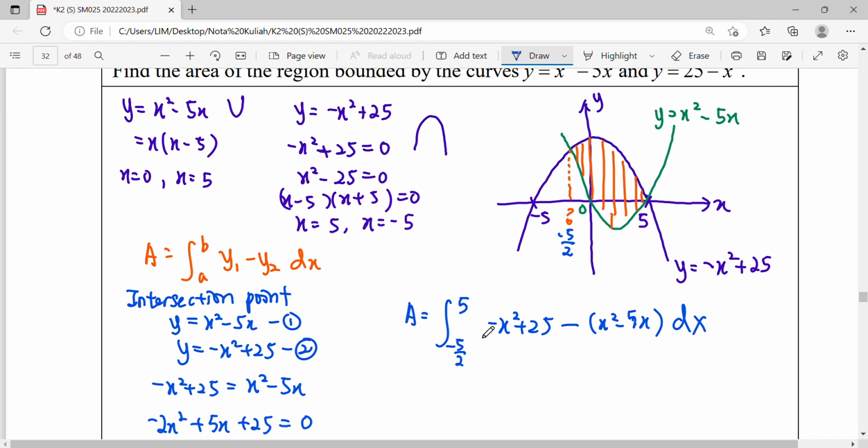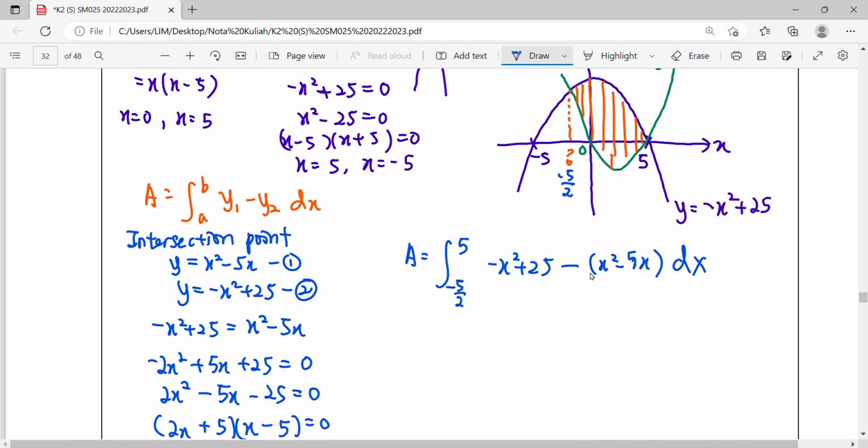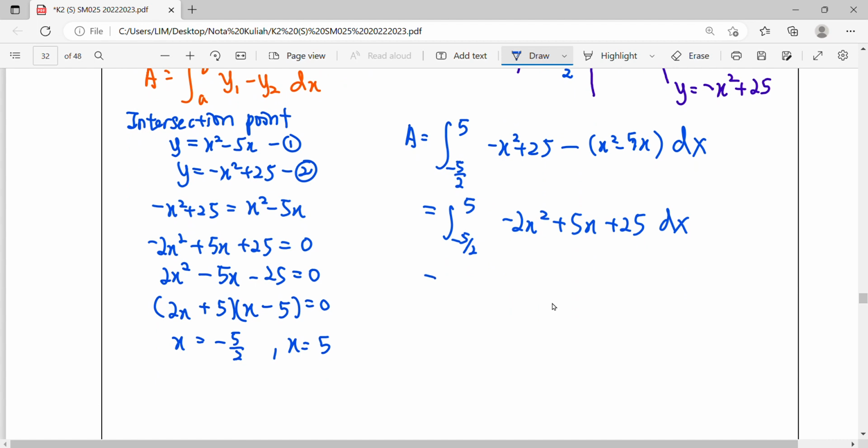Okay, so we simplify our function so that we can start integrating: negative 2x squared plus 5x plus 25. Integrate using your formula: power plus 1 over new power.